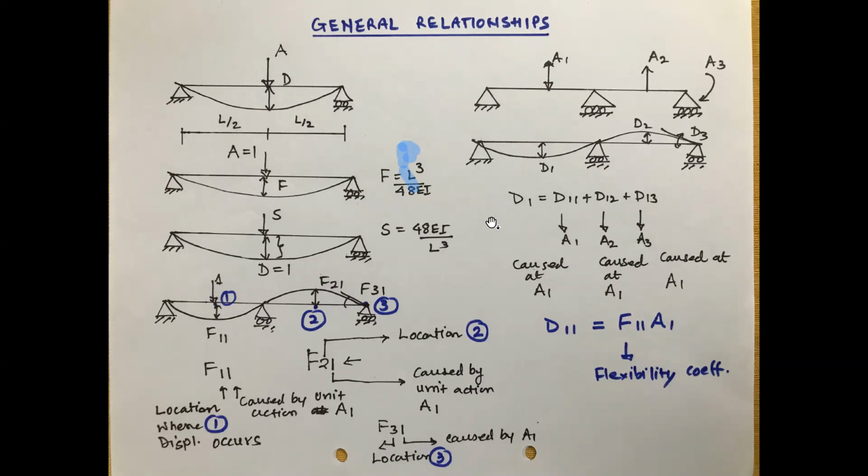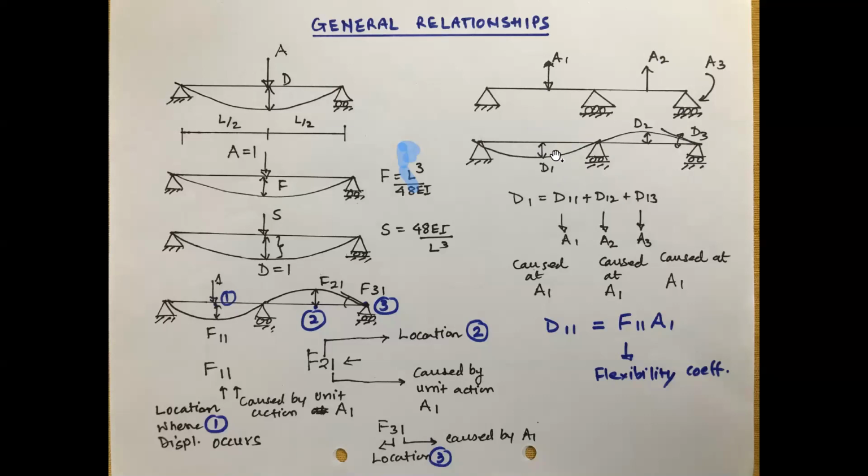What you can see here is a beam where 3 loads are applied. I have shown the deflected shape of the beam, assuming that joints and supports are the only deformation. Just for concept purposes, I have shown the deflection somewhere in the middle of the span. A1 may cause D1.